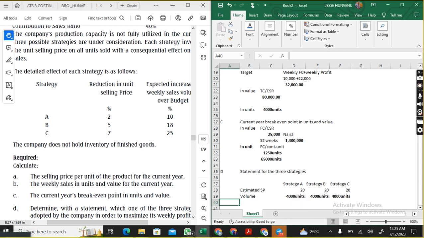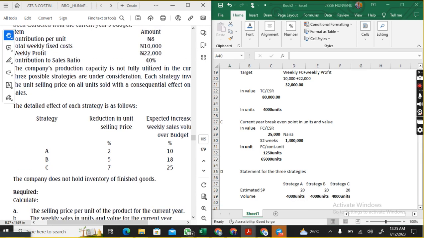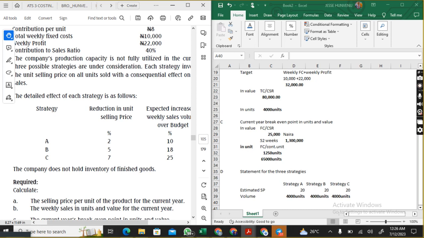They are making up some strategy, like a scientific analysis: what if we reduce it by 2%? What if we reduce it by 5%? What if we reduce it by 7%? What if we increase the volume by 10%? Are you getting it now? For this reason, we need to calculate that.